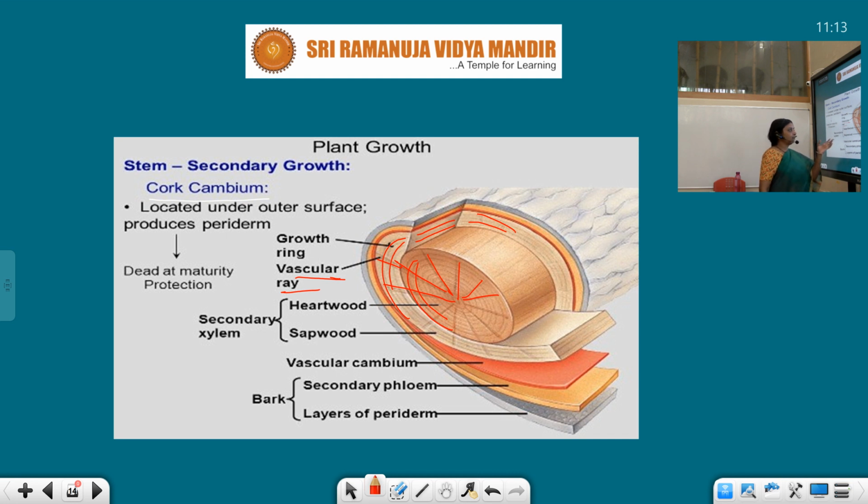And in the secondary xylem, the inner portion, which is darker in color, is known as heartwood. And the lighter portion is called sapwood. And this is vascular cambium. By the activity of vascular cambium, secondary xylem and secondary phloem are formed. So outside, secondary phloem is there.